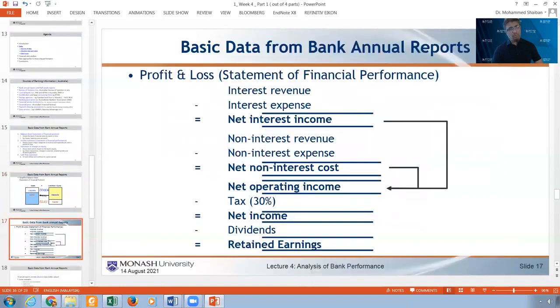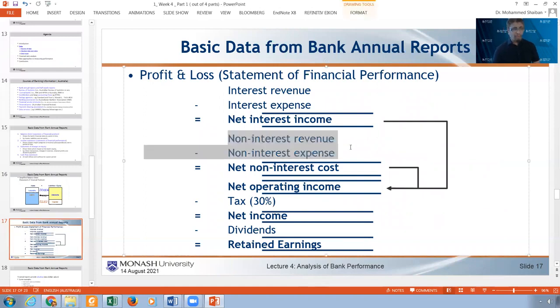If you look at what information comes from the annual reports, look at the income statement, for example. We have interest income minus interest expenses, and we get something called net interest income. Then we have the non-interest revenues or expenses, which are revenues coming from areas other than the main loan activities.